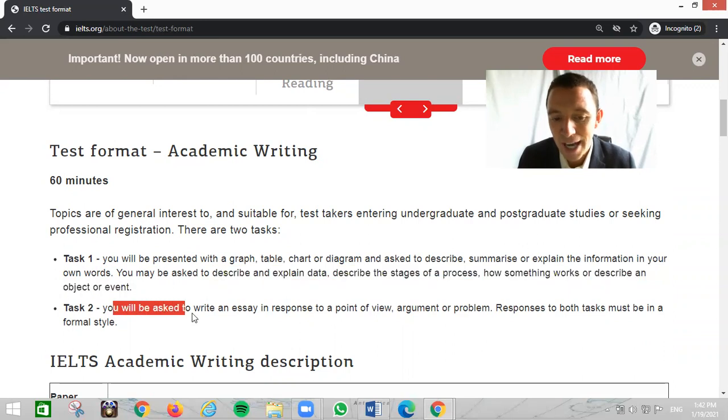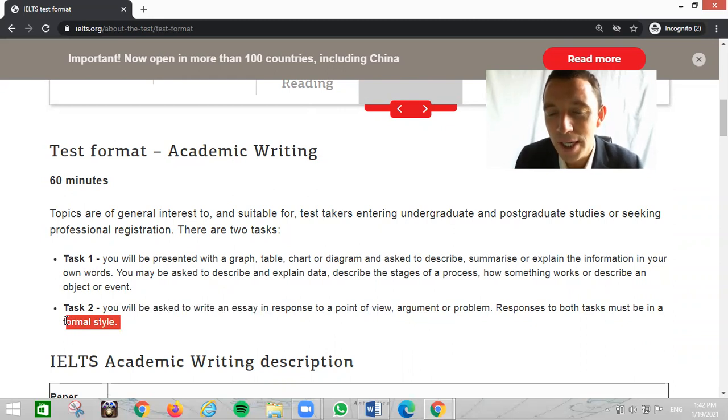Task 2, you'll be asked to write an essay in response to a point of view, argument, or a problem. So it's a typical essay. You're probably very familiar with writing an essay in all your studying of English, and it must be in a formal style. So task 1 and task 2 must be in formal style for academic situations.